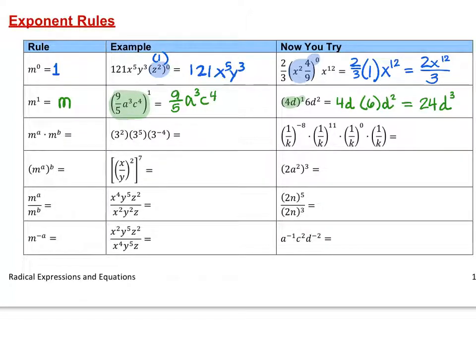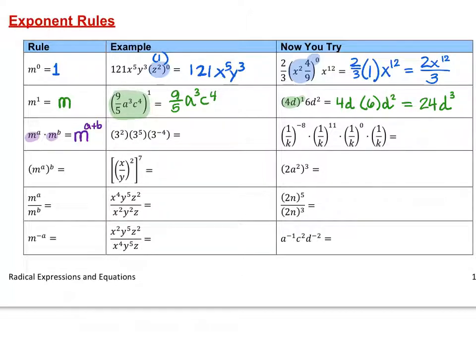The next rule, you might need to have your memory refreshed just a little bit, and this rule tells us that when we have two numbers that have the same base and they're being multiplied to each other and they're both powers, then what we're going to do is add the exponents. So we're going to have the same base, m, but the exponent is going to be a plus b.